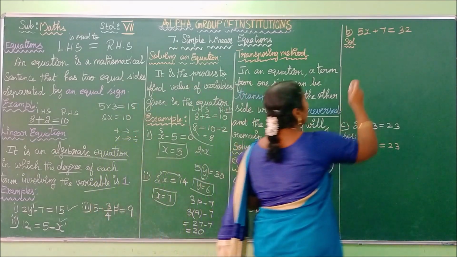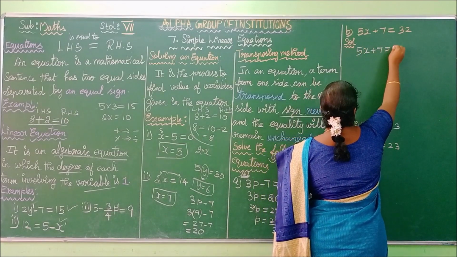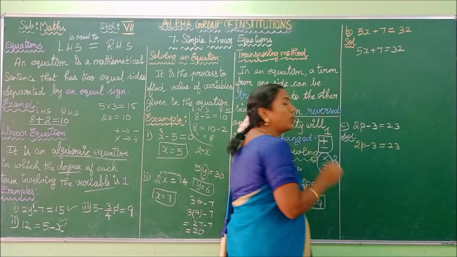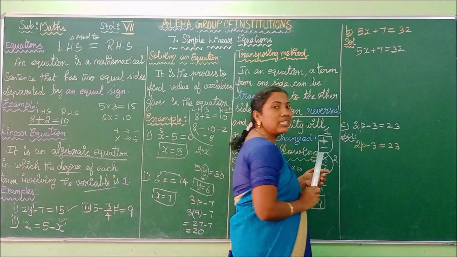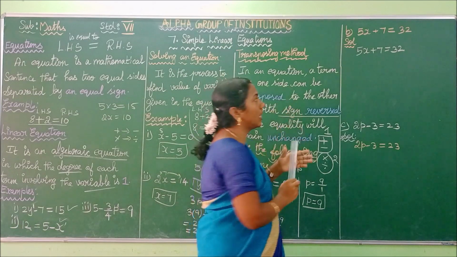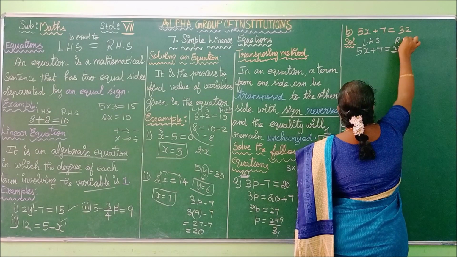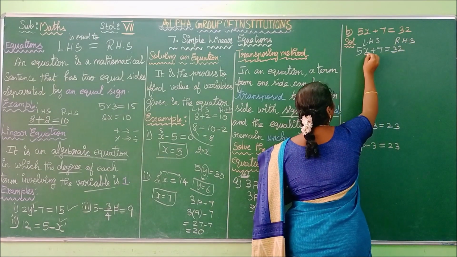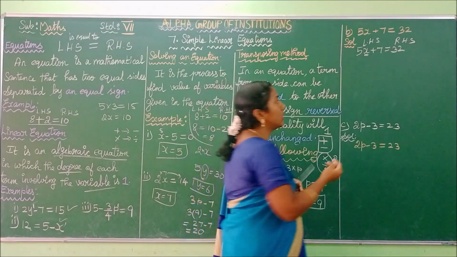Okay. See here. First step, you have to write the question: 5x plus 7 equal to 32. First step, you have to bring that plus 7 to the other side. Plus 7 is already on the LHS side. This is LHS, left hand side. This is RHS, right hand side. In order to find x, we are bringing the 7 from LHS to RHS.